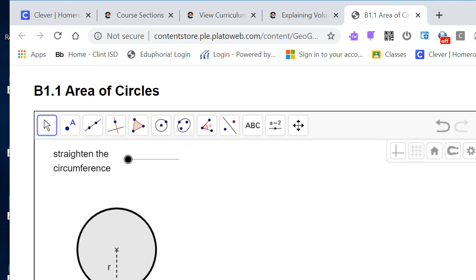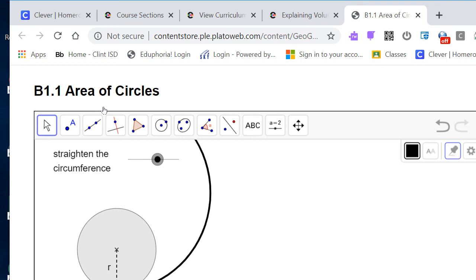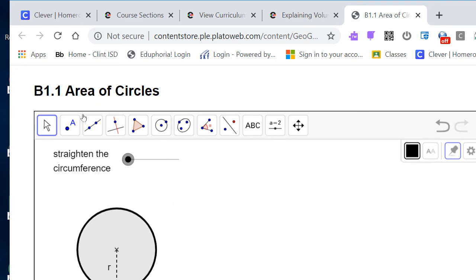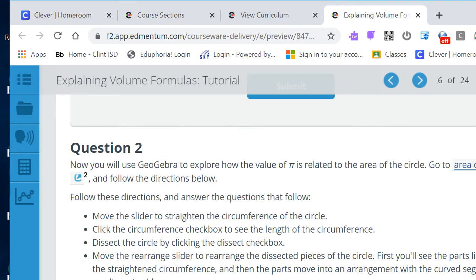Okay, they're telling me straighten the circumference. So look at what's happening. You're rolling everything that is around the circle. I'm straightening it out. And what shape does it make? It forms a straight line. So we are extending it all the way until it forms a straight line. Okay, so that would be your answer to question number 2.